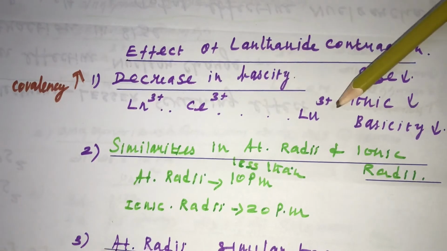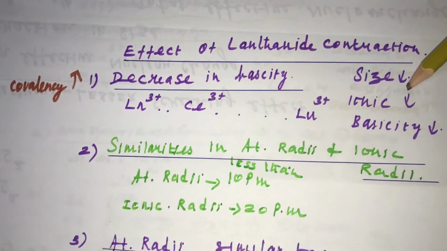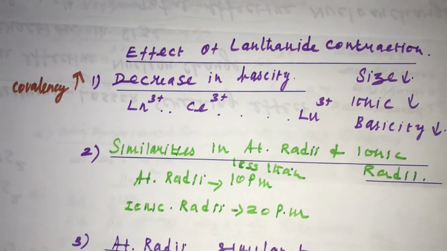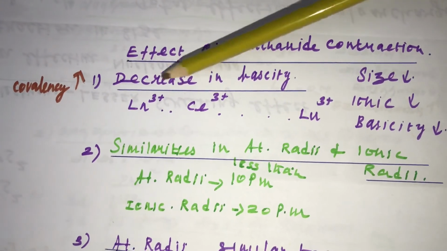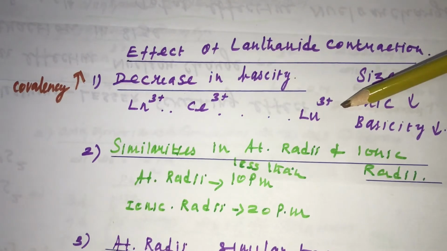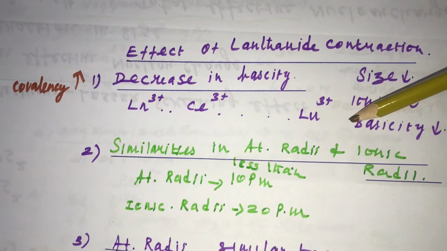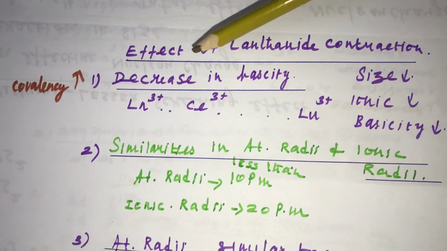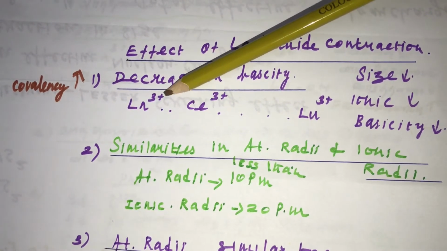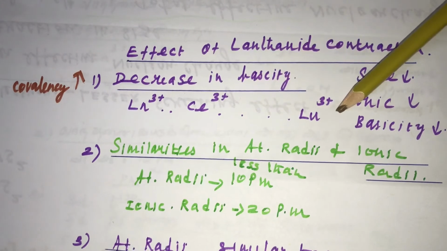Size decreases, ionic character decreases, basicity decreases, thereby lanthanum hydroxide is more basic than lutetium hydroxide. So the basicity of hydroxides decreases on moving from lanthanum to lutetium.